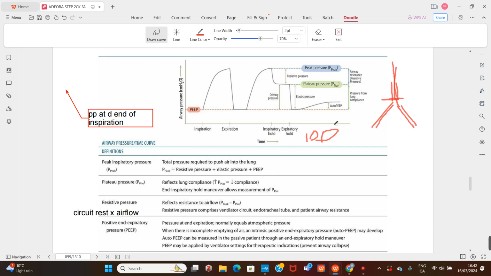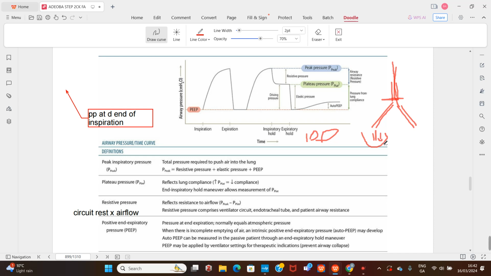So PEEP is just the pressure in the alveoli that is keeping the alveoli from collapsing at the end of expiration. We know that a particular volume of air remains in the lungs at the end of a normal tidal expiration.